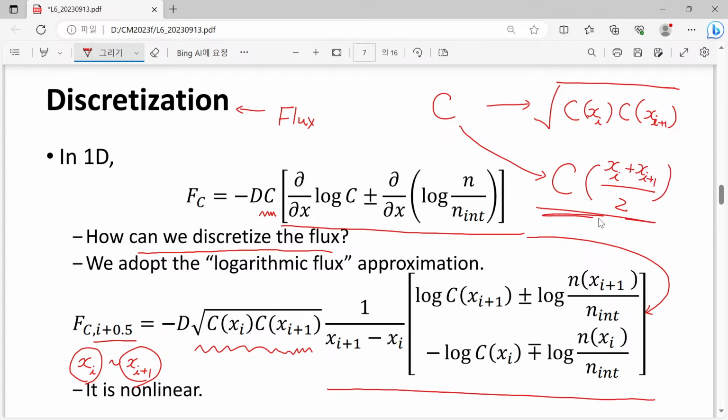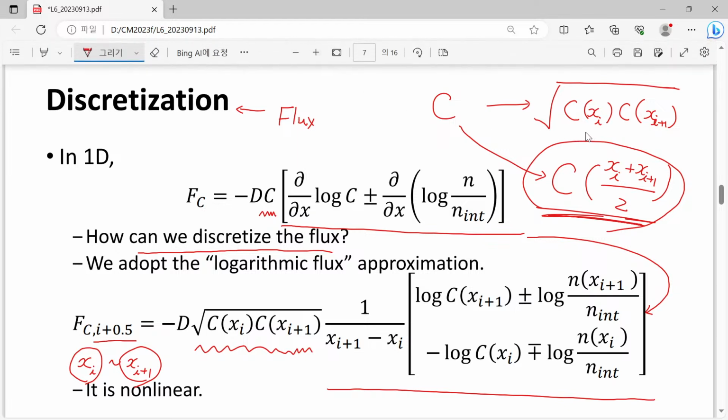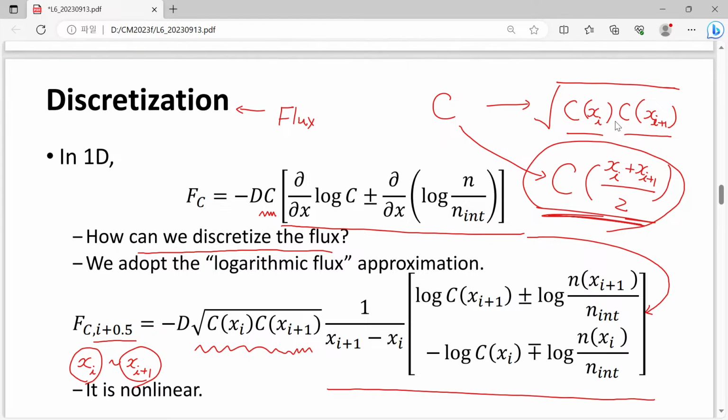Then how can we calculate these C values defined at the midpoint? Actually, C at xi or C at xi plus 1 are available. They are solution variables, and even in the discretized form, we know them as entries of our solution vector. However, in this case, we have no idea.